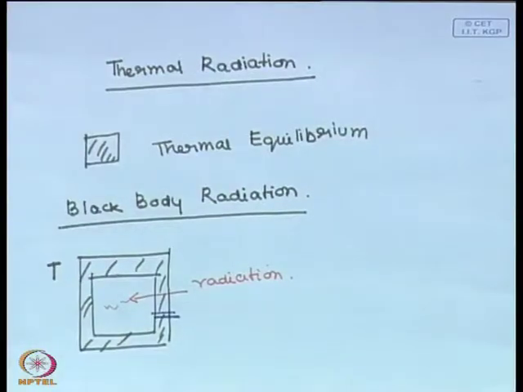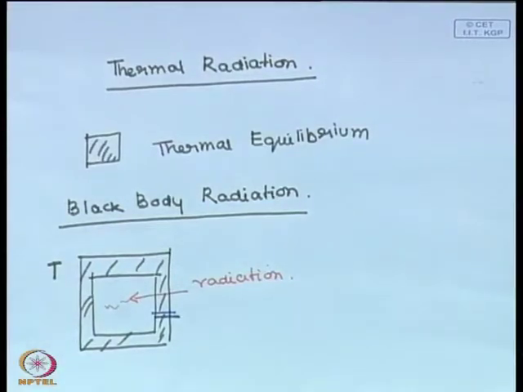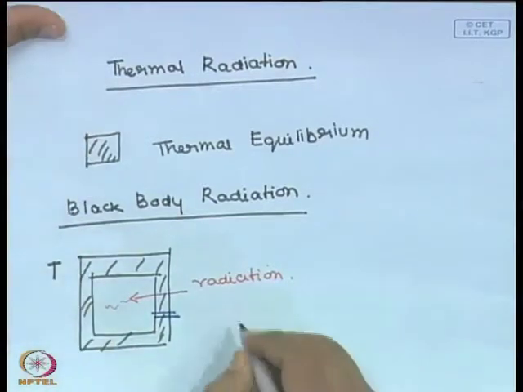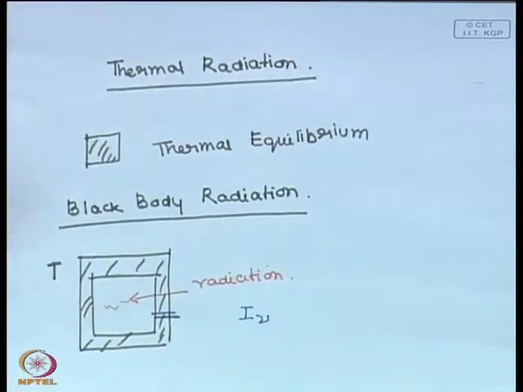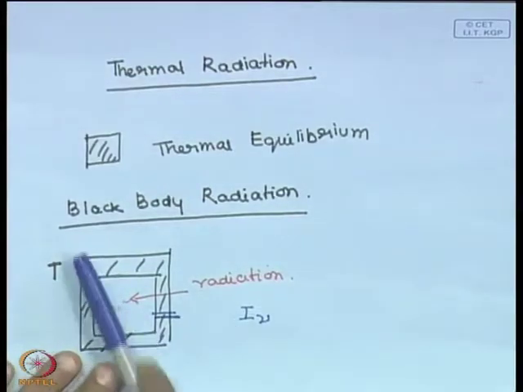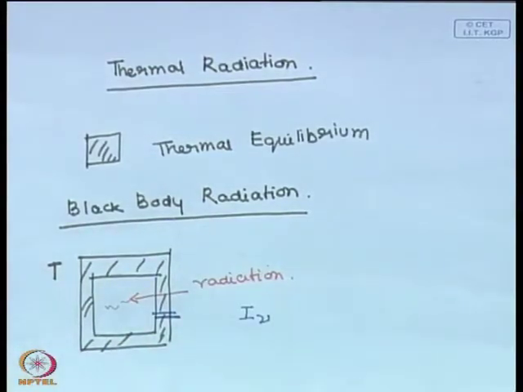So, the hole we are assuming is so small that the amount of radiation that comes out does not disturb the equilibrium inside. Okay. So, this radiation that comes out will have some specific intensity I nu, right. So, this is the specific intensity of the black body radiation.